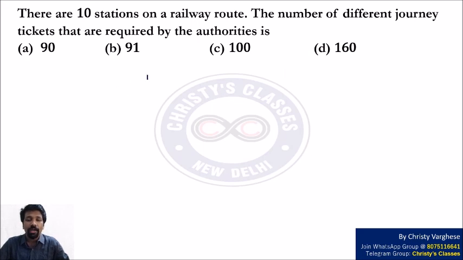For example, I will take Delhi to Cochin Rajdhani Express. Between that, there are only 10 stations. So how many tickets should the authorities make? I am just calling them A, B, C, D; 10 spots are there.